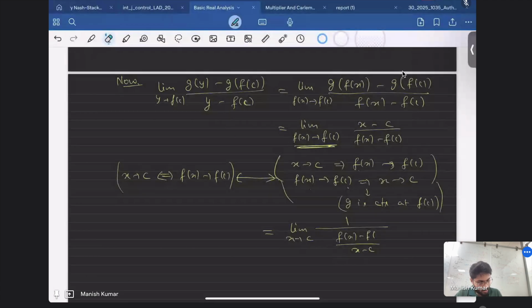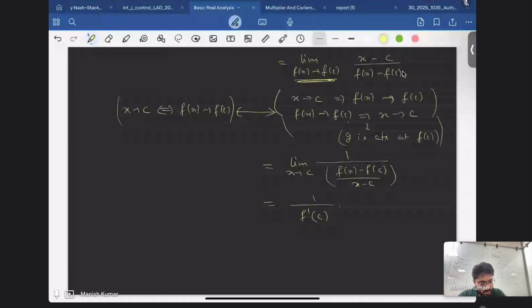This is the proof. If f of x goes to f of c, then because g is continuous at f of c, g of f of x will go to g of f of c. So we can replace g of f of x by x and g of f of c by c. This is obvious, here you don't need anything, this is just the definition.